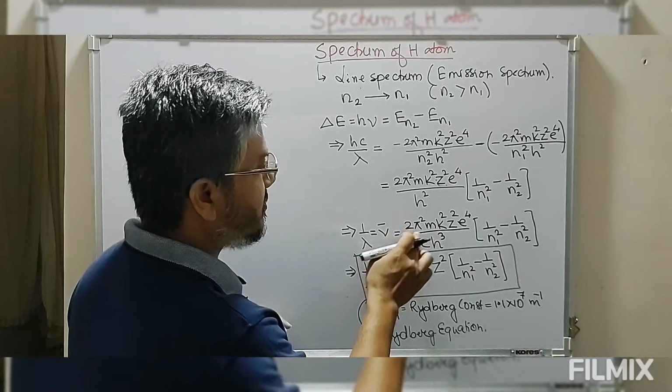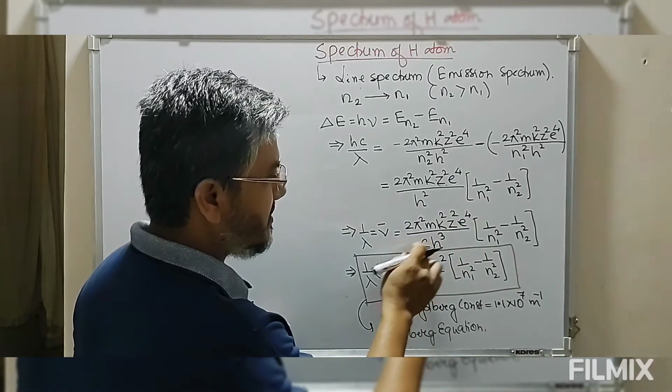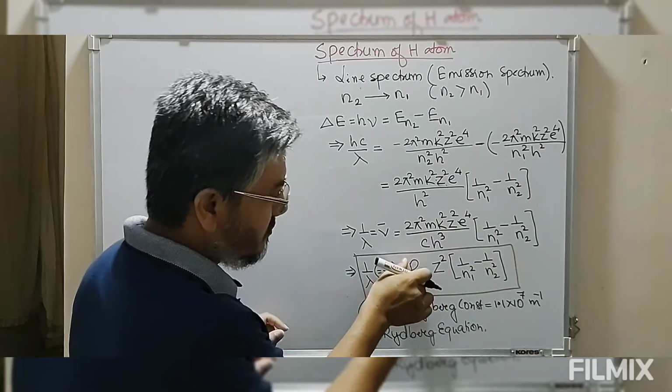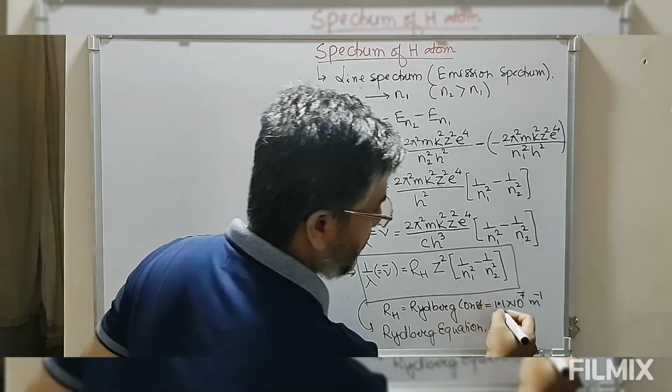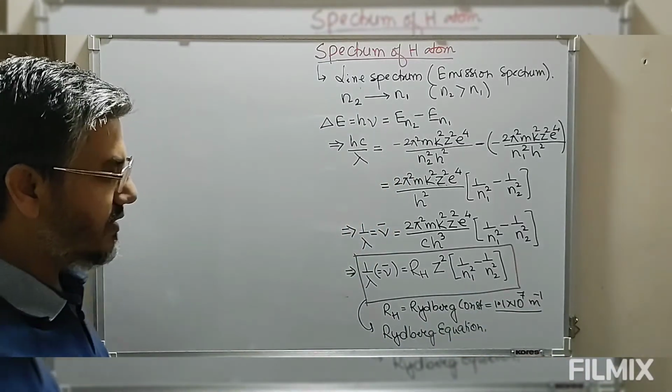This 2 pi square m k square e to the power 4 divided by c h cube is defined by a constant known as the Rydberg constant, whose value is 1.1 into 10 to the power 7 meter inverse.